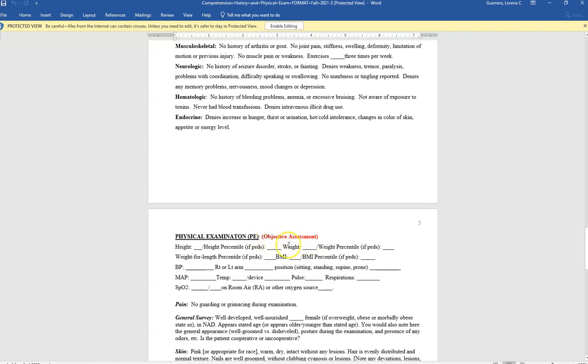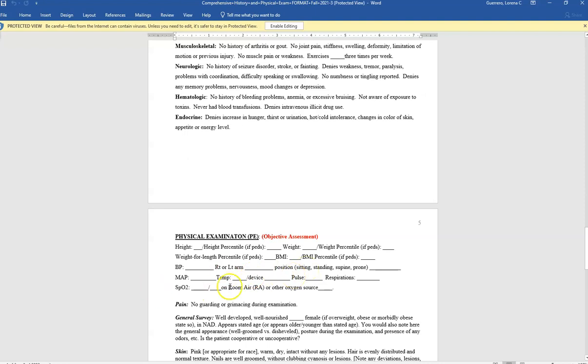Objective information, the objective assessment, is basically what you do to the patient, what you see, what you smell, through all your different senses, in the physical exam portion. That could be the vital signs, as you can see here, blood pressure, their calculation of body mass index.